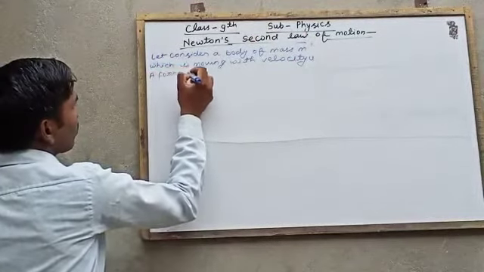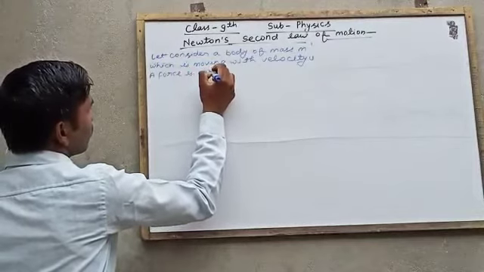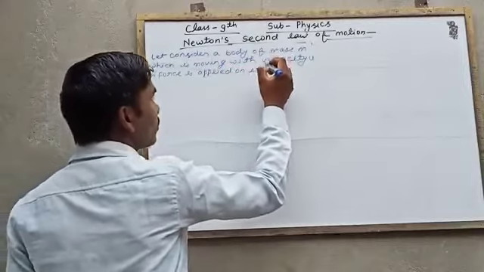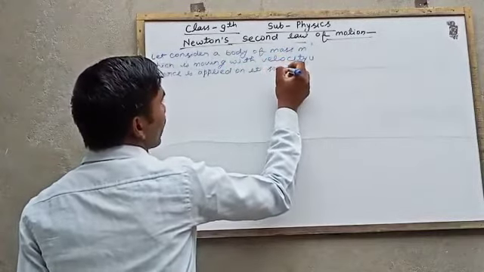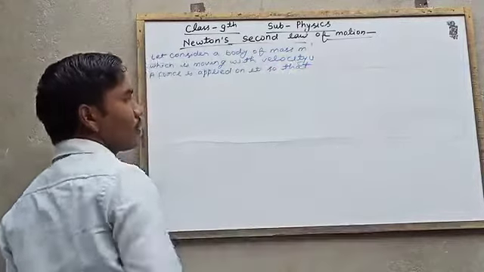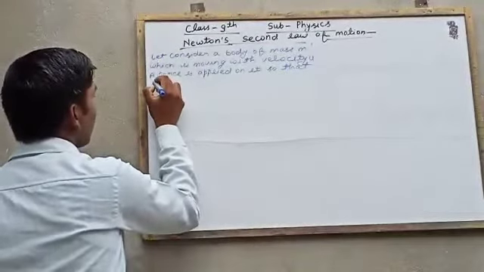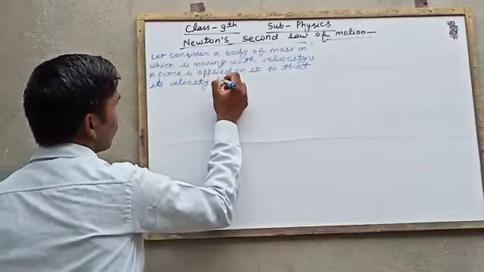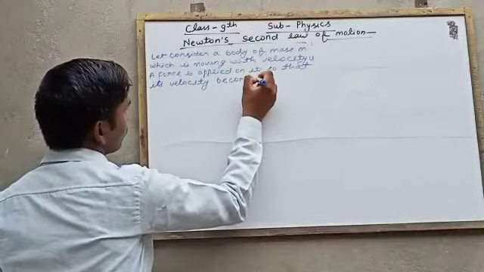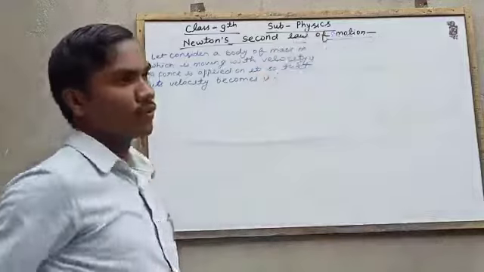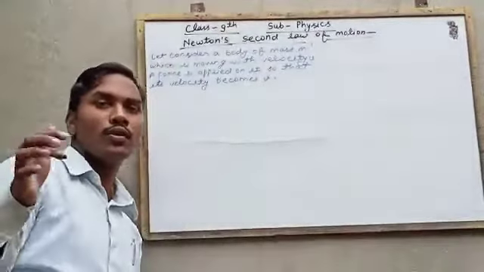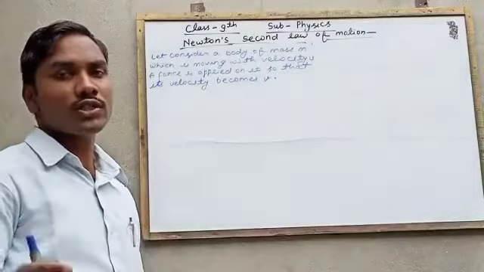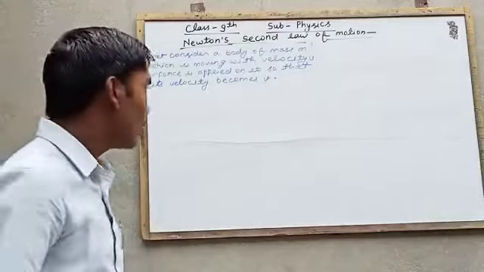A force is applied on it so that its velocity becomes v. The body is moving with initial velocity u, and when we apply force on it, its velocity changes to v.